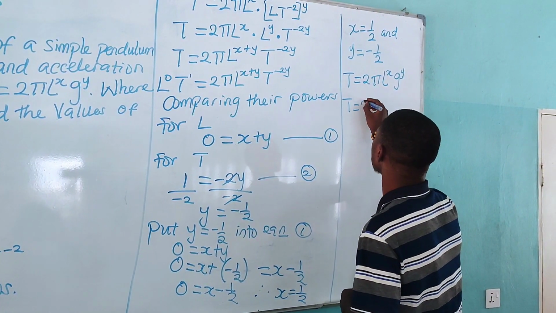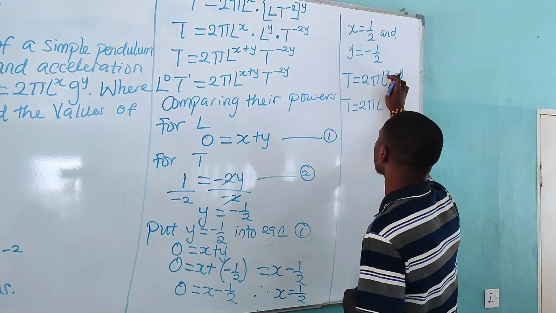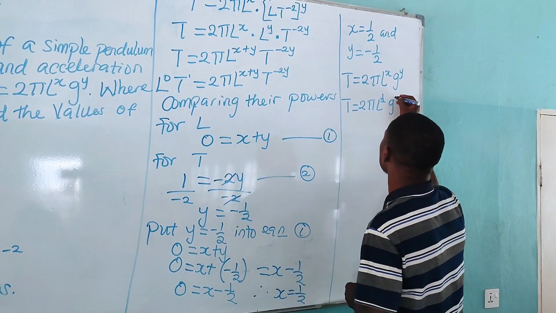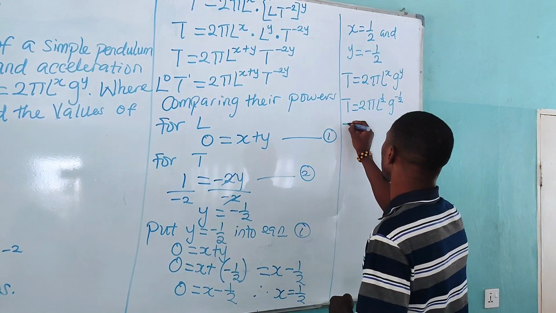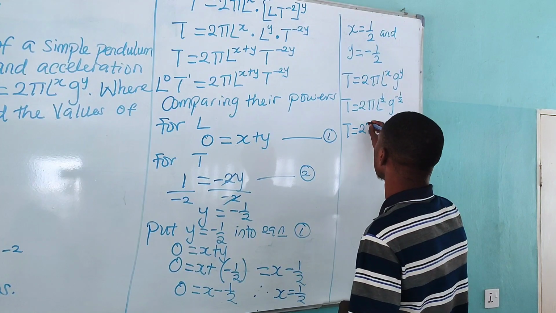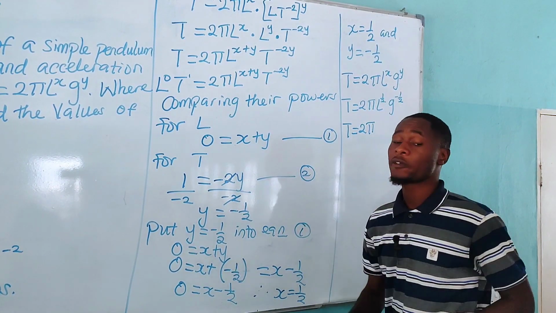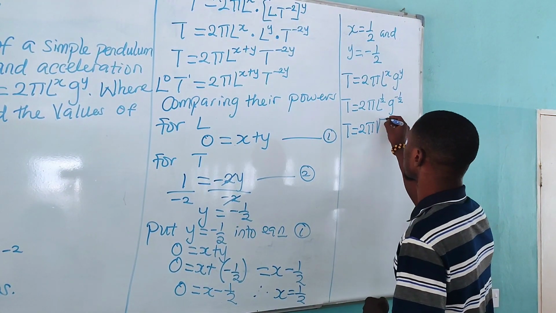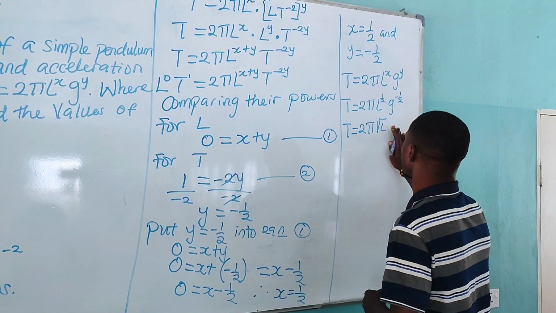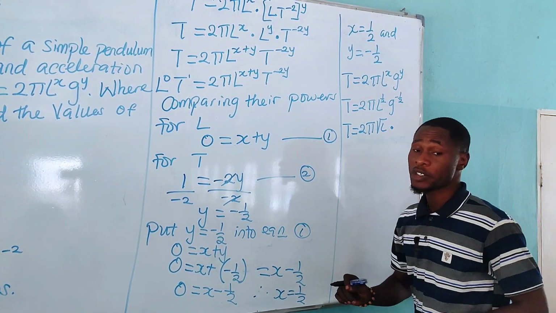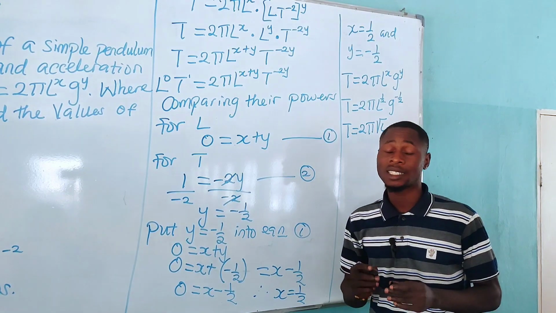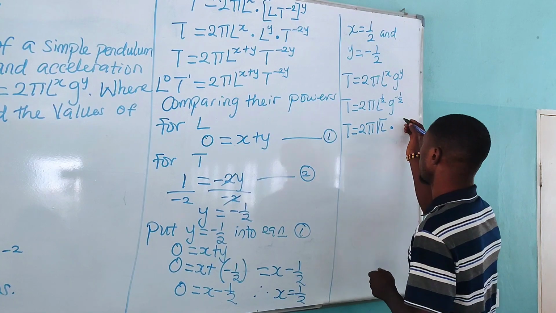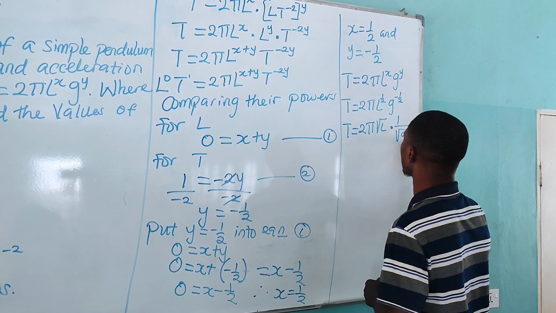So let's substitute the values. t now becomes 2 pi L power 1 over 2 and g power minus 1 over 2. Now, L power 1 over 2, remember from indices, is the same thing as the square root of L. Then times g power minus 1 over 2, which from the same indices is the same thing as 1 over the square root of g.